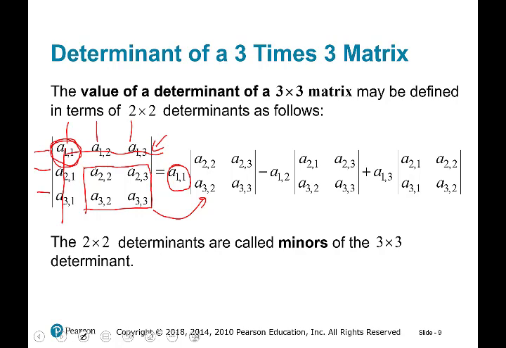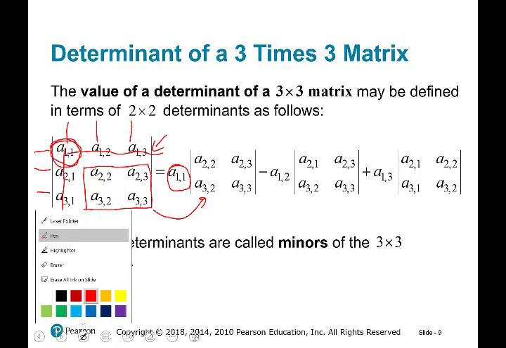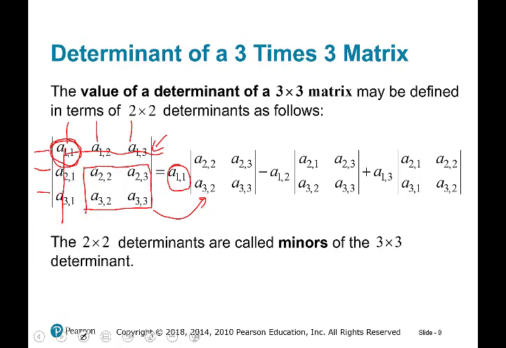Then you jump to minus A12, which is this one here. So what you do, you eliminate this row and this column, and you are left with these four values, right? Those are the ones that go here. And guess what?